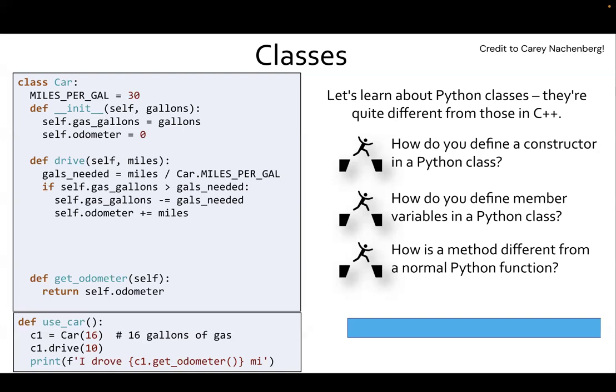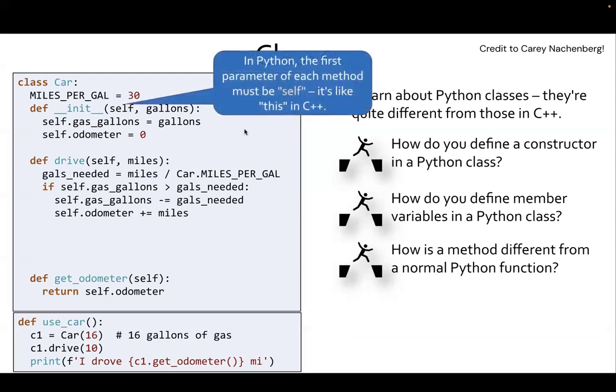All right, I think it's time to reveal the answers. So I think the slides start with how is a method different from a normal Python function. So we can see it over here. In Python, the first parameter of each method must be self.